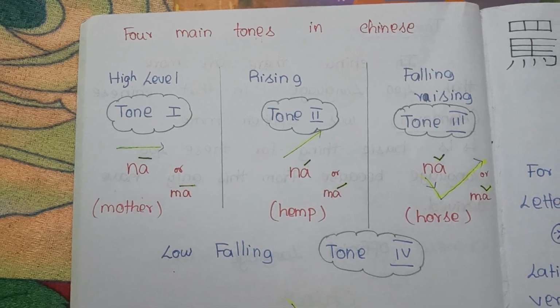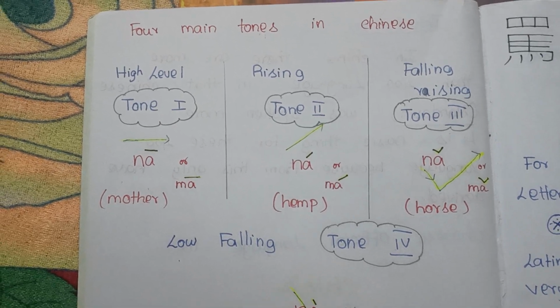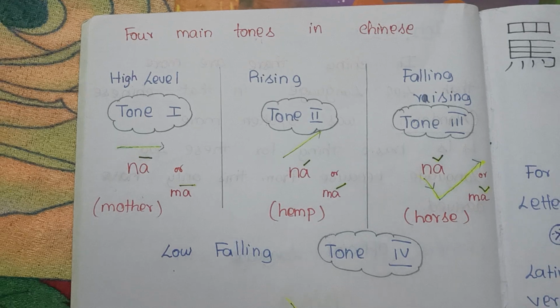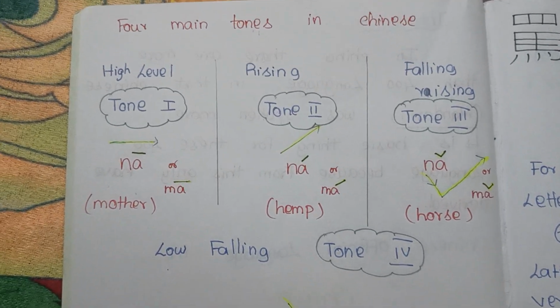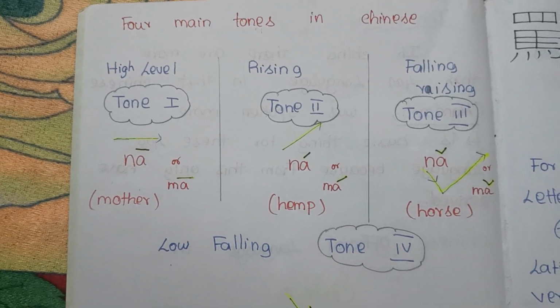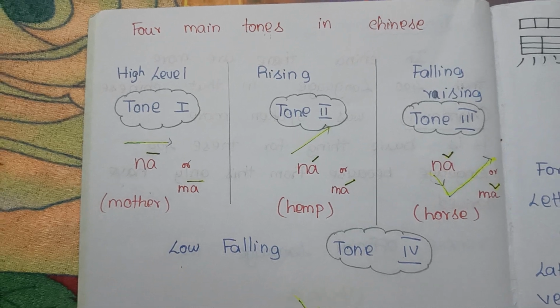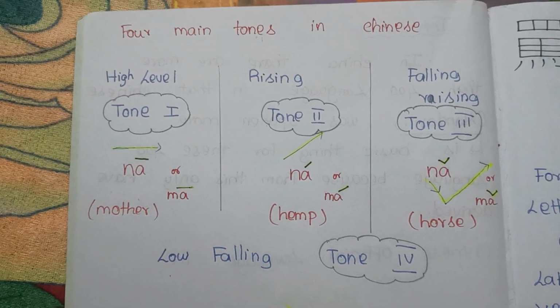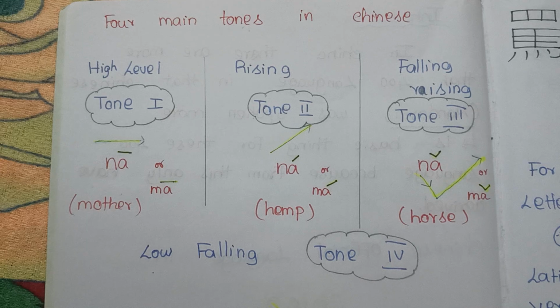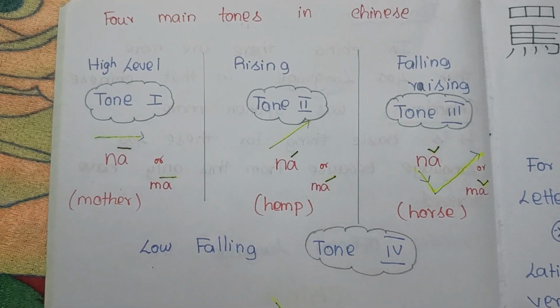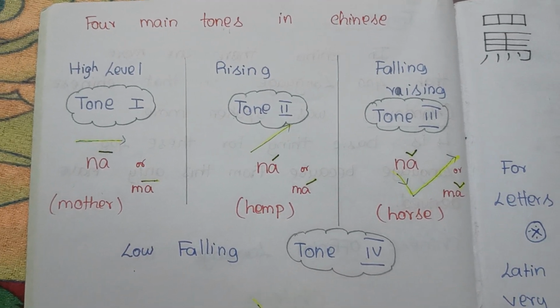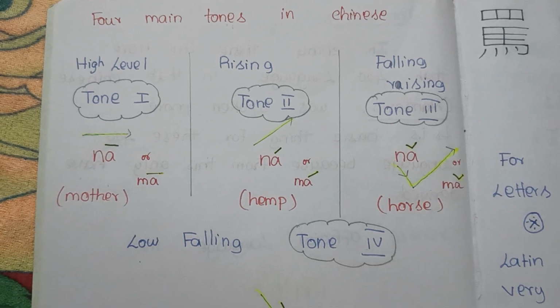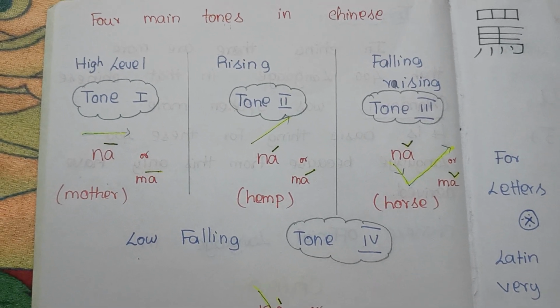Thai has five tones, but Chinese has four tones. If you are learning both Thai and Chinese, you may find it tricky, but it is easy. At the end of the video, I will tell you the difference between the Thai five tones and Chinese four tones.